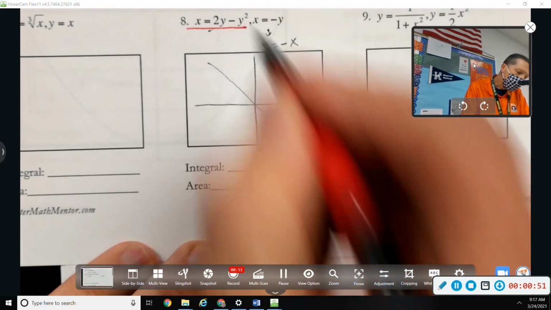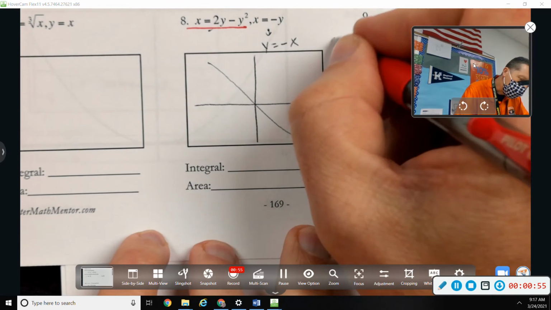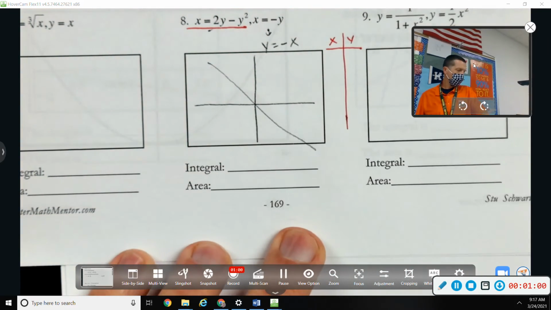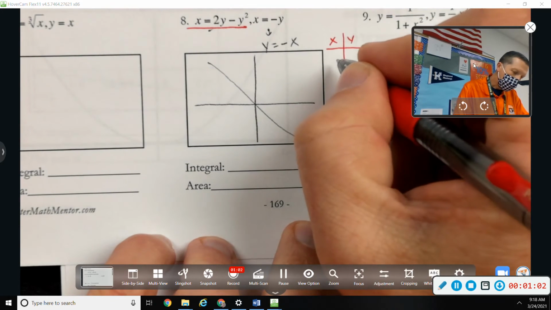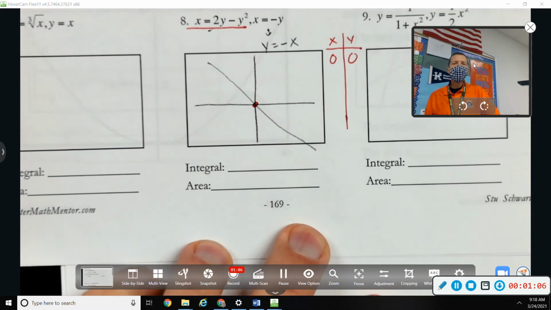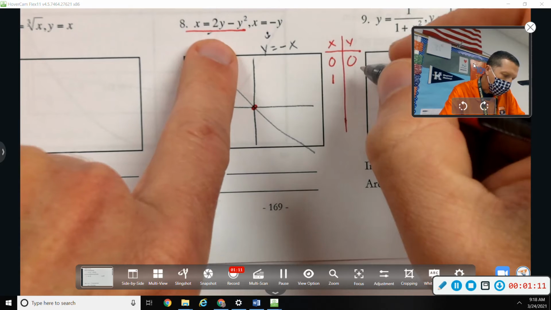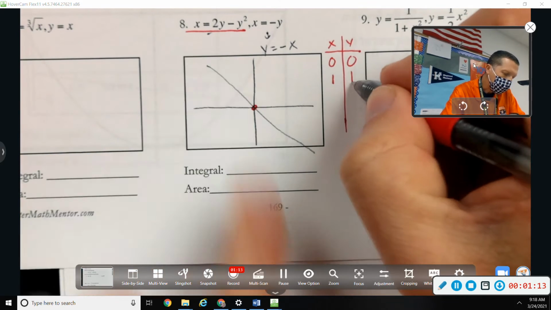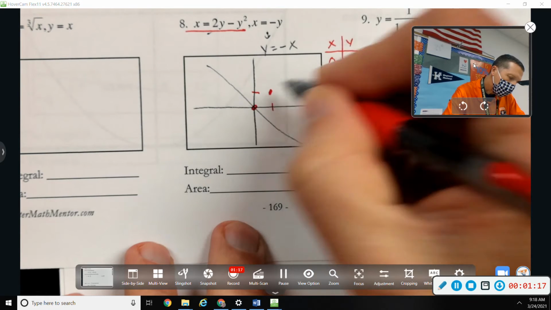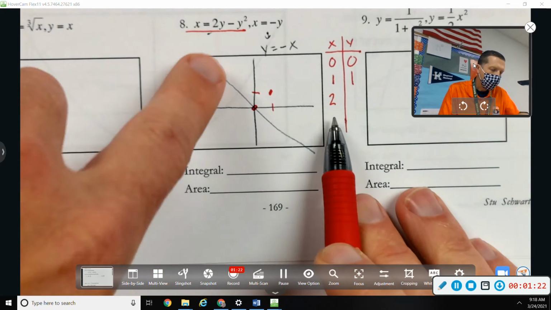So for x equals 2y minus y squared, I think maybe a table of values is the best shot at getting this. I guess we'll just start at 0 and see what we learn. So 0, 0. If I plug in 1, I get 2 minus 1 is 1. Plug in 2 for y.